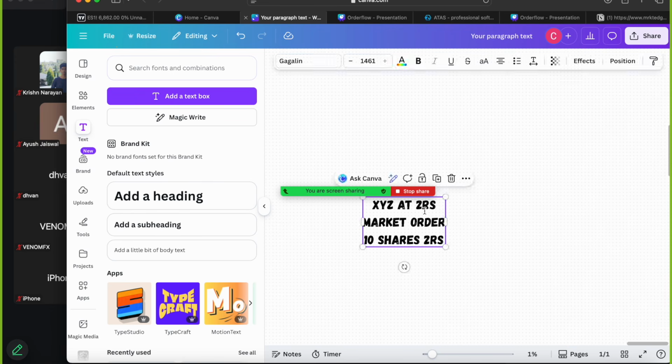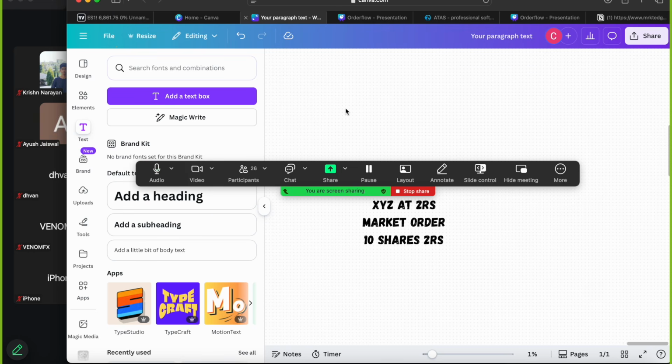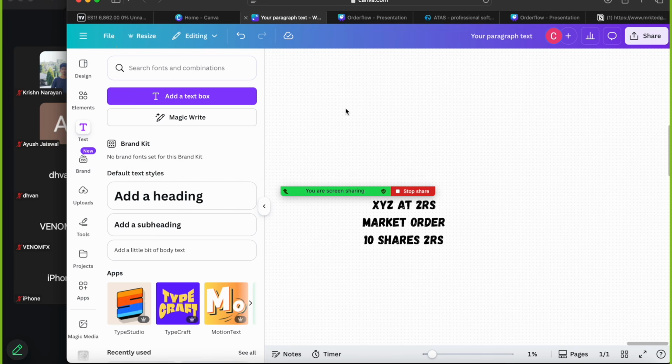Now let's say the price is currently trading at 2 rupees, but I want to buy the XYZ stock at 1 rupee because I want the price to come down a little bit. From 2 rupees it comes down to 1 rupee. That's when I want to buy, so that I can buy a huge quantity.